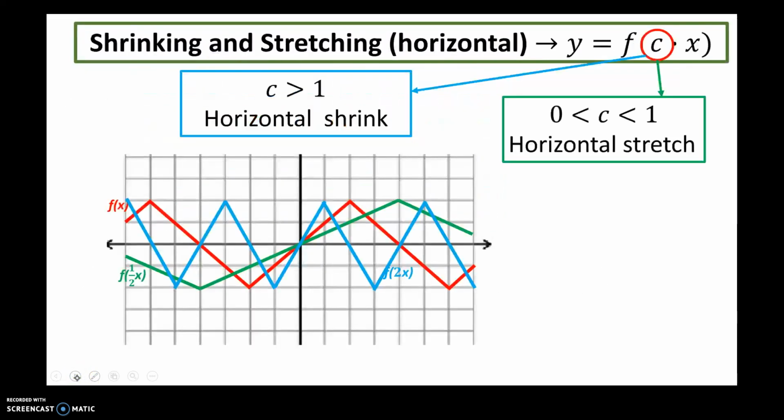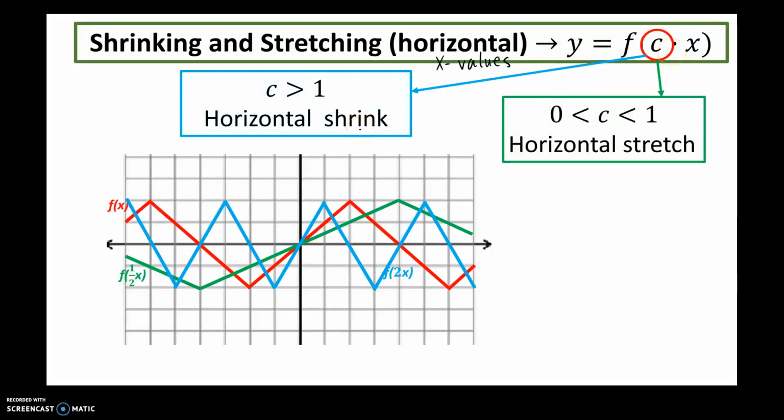Okay, now a horizontal stretch or shrink. So my horizontal axis, now we're going to affect our x values here. So notice our multipliers are on the inside of the parentheses because it's affecting our x values. Okay, so this one is a little bit counterintuitive. If my multiplier is bigger than 1 inside the parentheses, it's actually going to be a horizontal shrink.